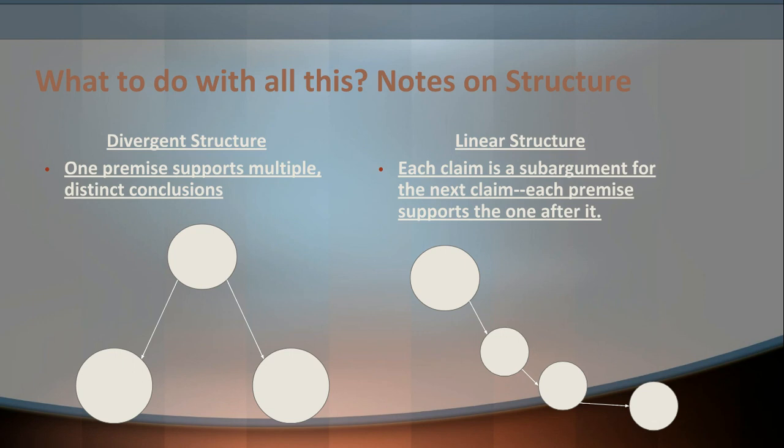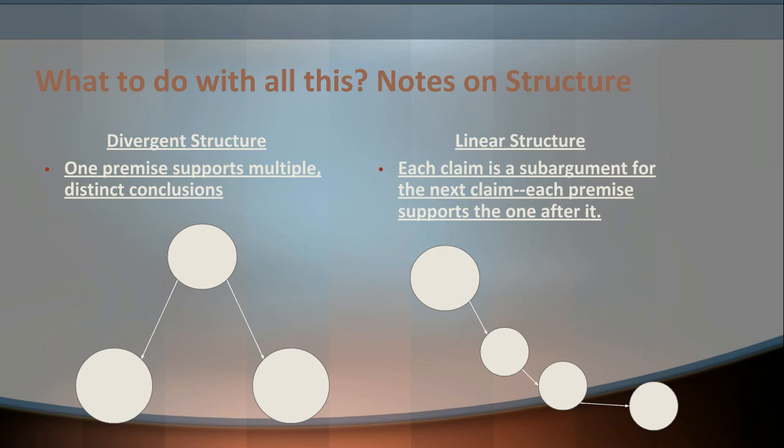But in short, a divergent structure is one in which one premise actually supports multiple distinct conclusions. This will sometimes be written as entirely separate arguments, but with the same initial claim or the same premise included in both, and showing that this one idea has two different sets of implications to it.